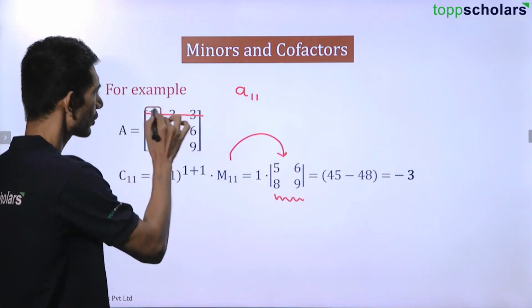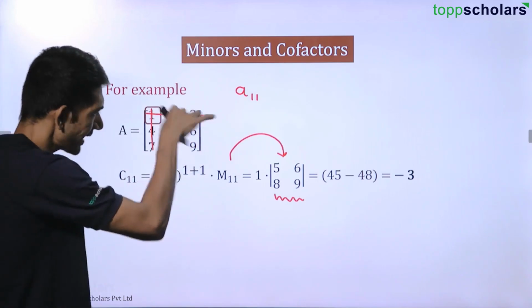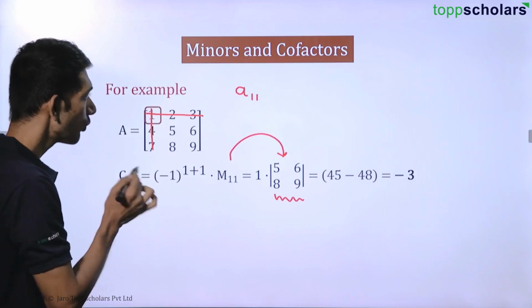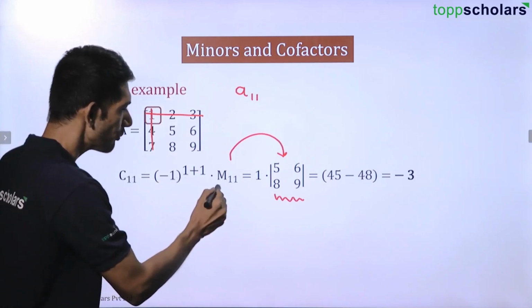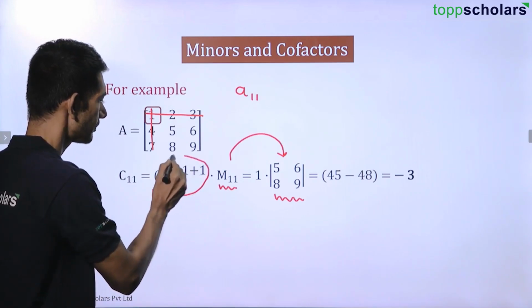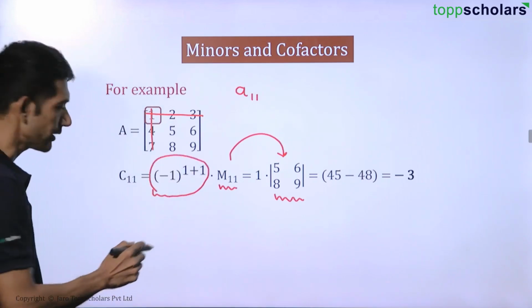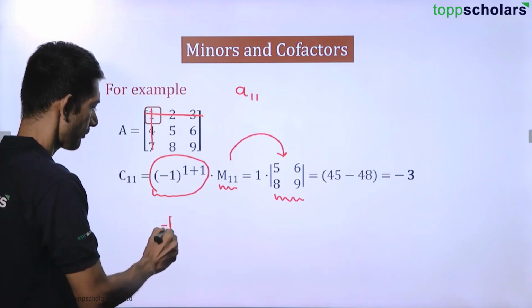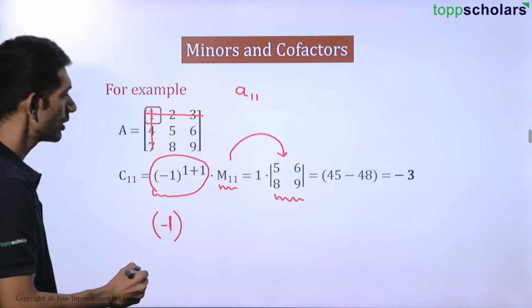We'll ignore the first row, we'll ignore the first column. We'll take 5, 6, 8, 9. That is your M11. And what we are going to do is, we are going to multiply that M11 with minus 1 raised to i plus j.